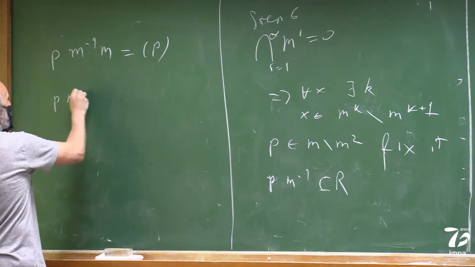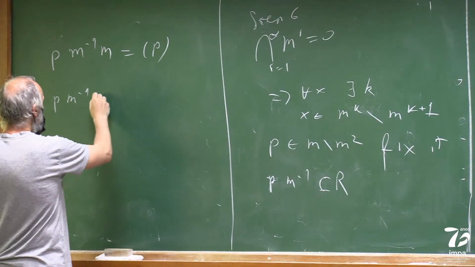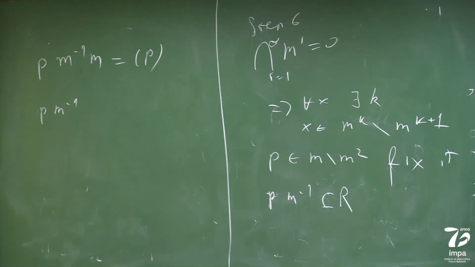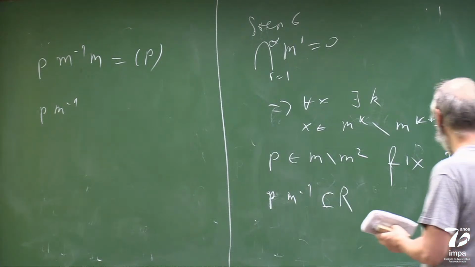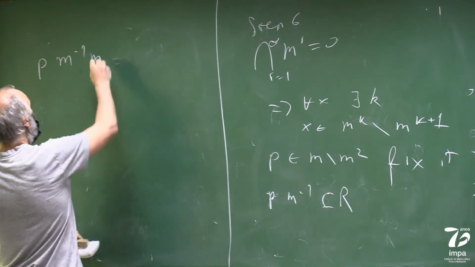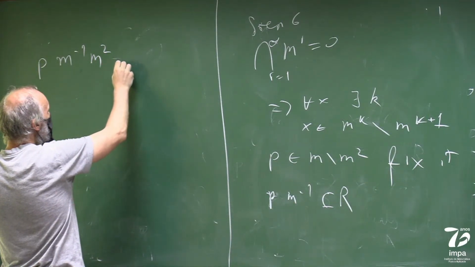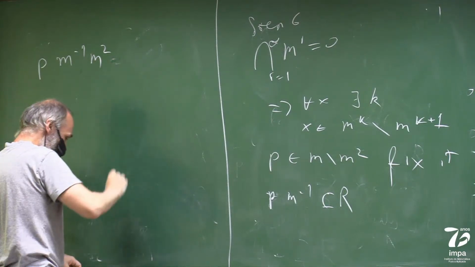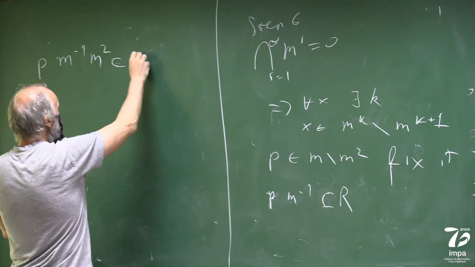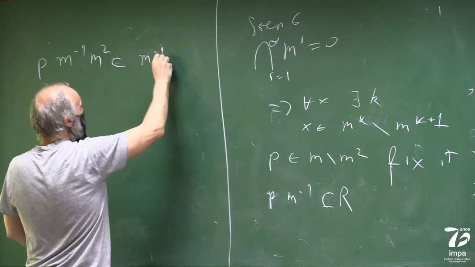So p m^(-1), so p doesn't belong to m squared. If you write here m squared, it's obviously contained in m^(-1) m.